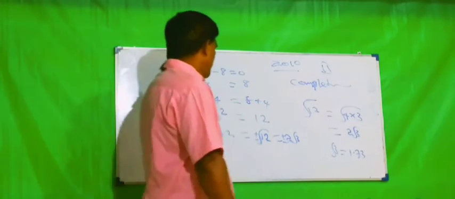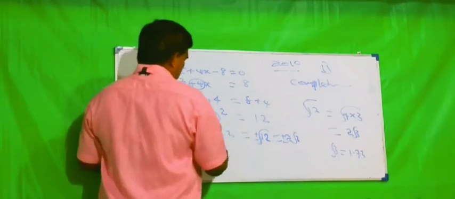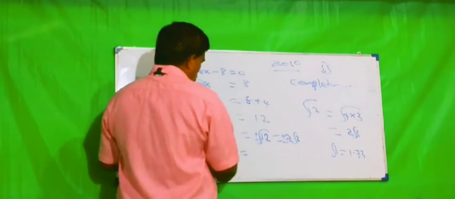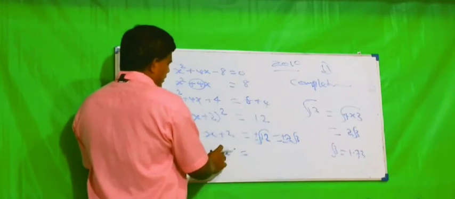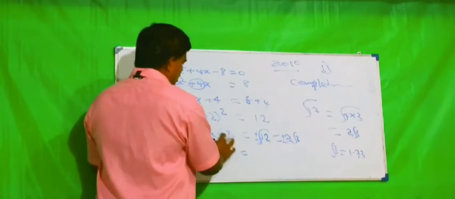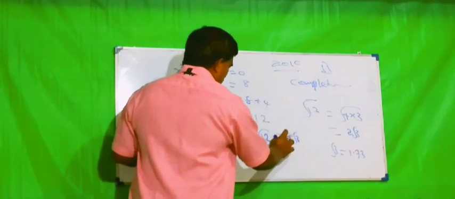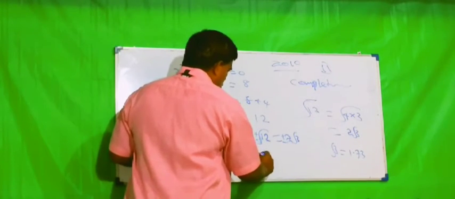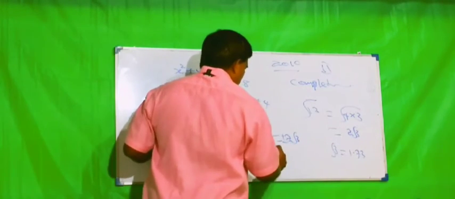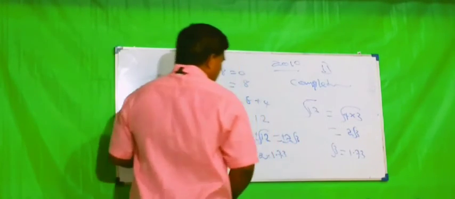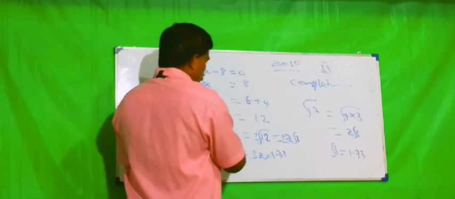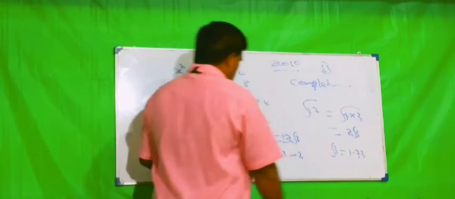Then x plus 2 equals plus or minus 2 into the square root of 3, which is 1.73. Then the plus 2 is moved to the other side and becomes minus 2.